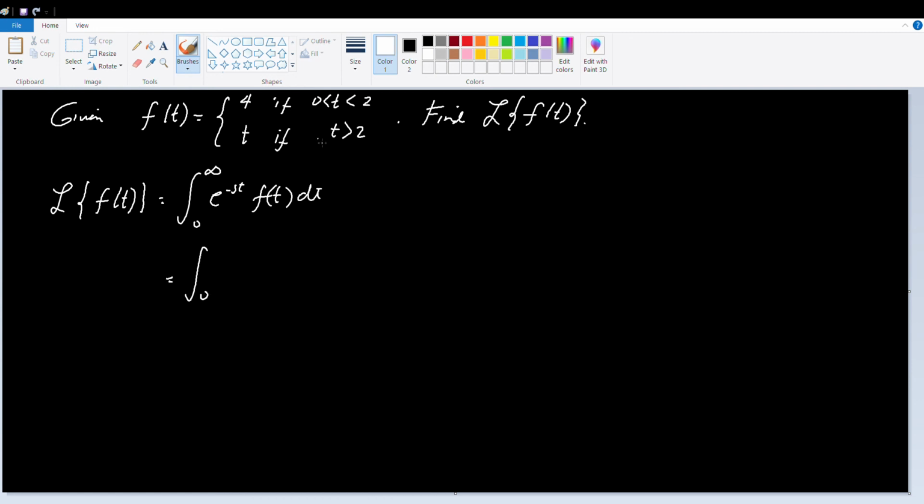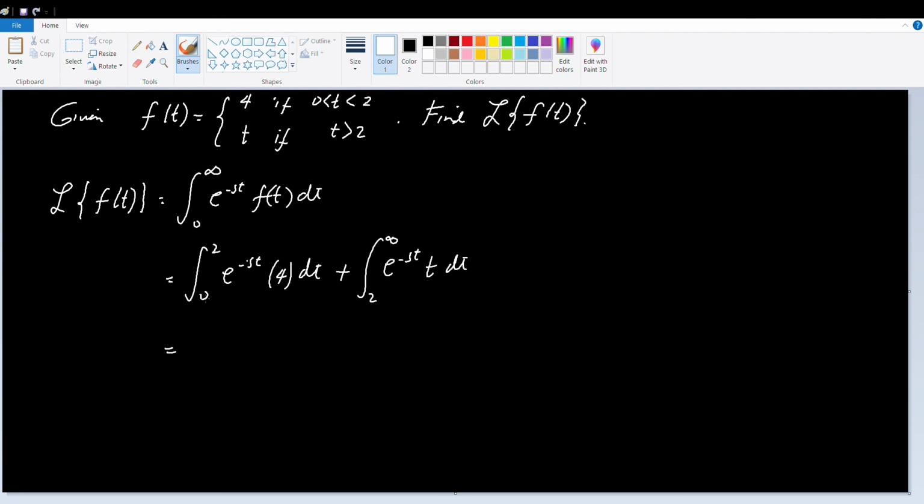We will rewrite the integral as the sum of the integral of e to the negative st times f of t, which is 4, dt from 0 to 2, for the interval 0 to 2, plus the integral of e to the negative st times f of t, which is t, from 2 to positive infinity. Okay, since f is a piecewise function, we shall write the integral as the sum of two integrals, 0 to 2 and 2 to positive infinity.